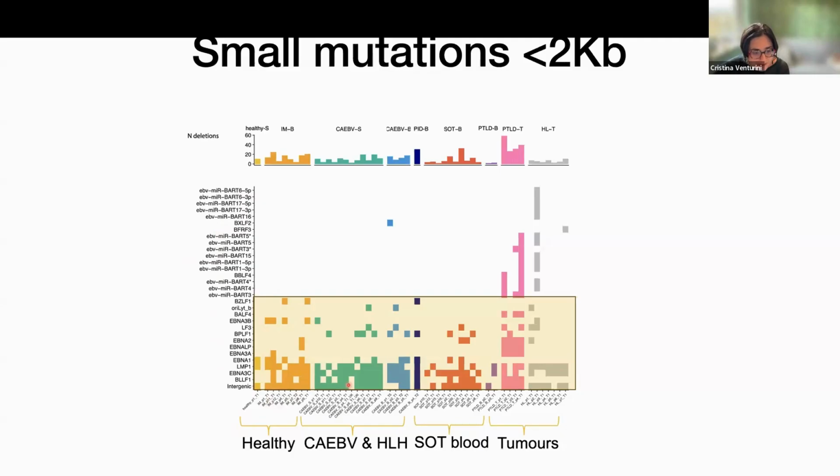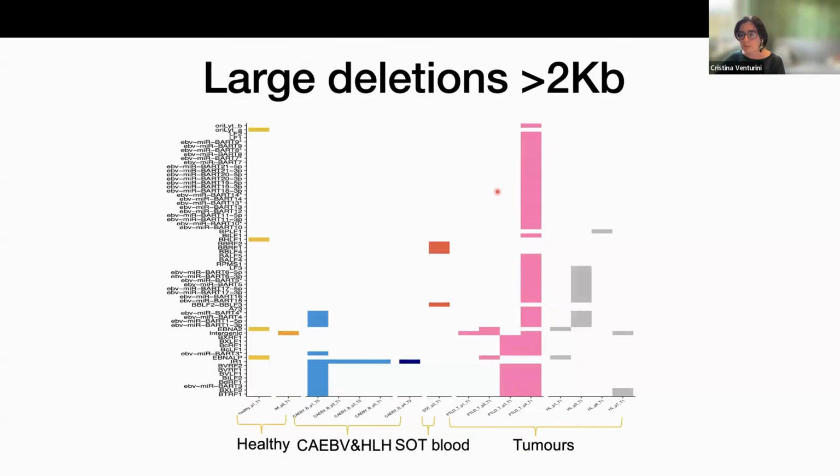And we can see a lot of these small deletions happening, especially in the latent genes. Then when we look at the BART microRNA, we can see that those are mostly involved in the malignancy, in the tumor samples and in the Hodgkin lymphoma.